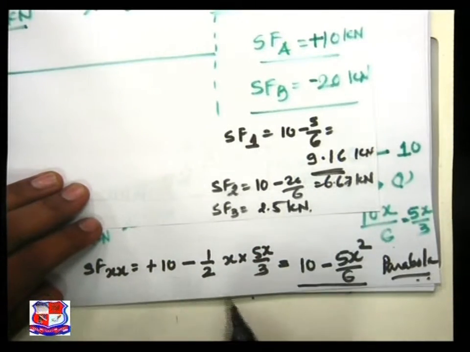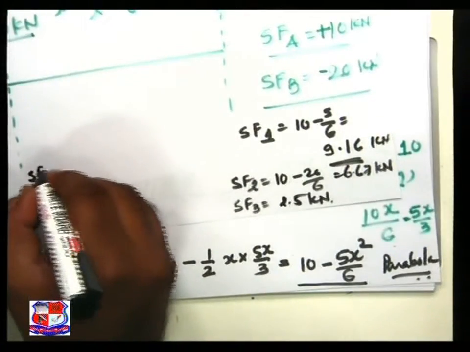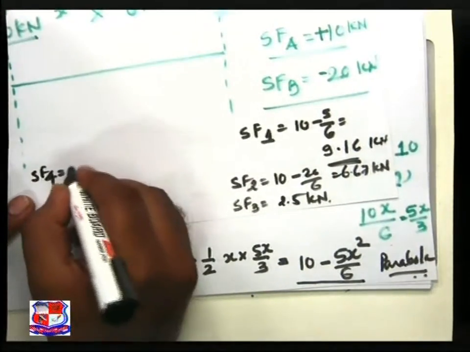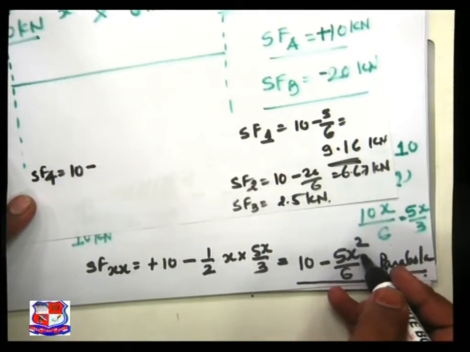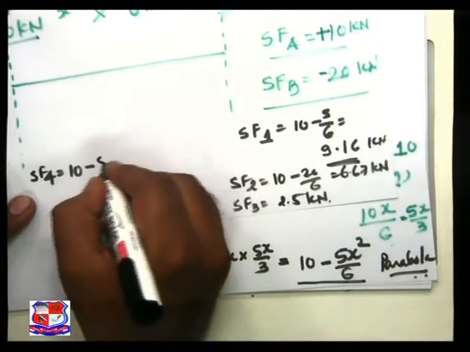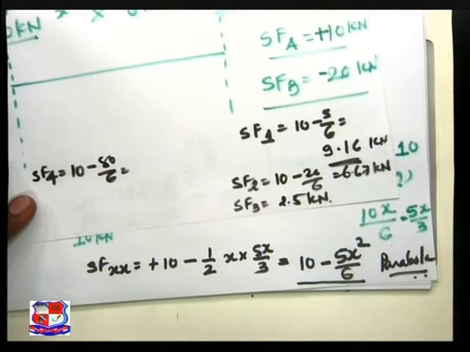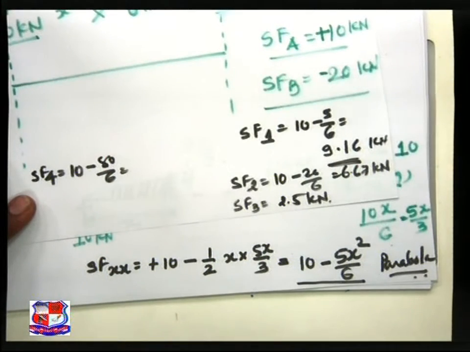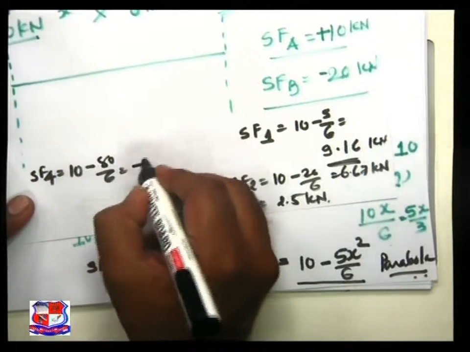And if we go for 4 meter: 10 minus 4 square 16, 16 into 5 80 by 6, and 10 minus 80 by 6 gives us the value minus 3.33.